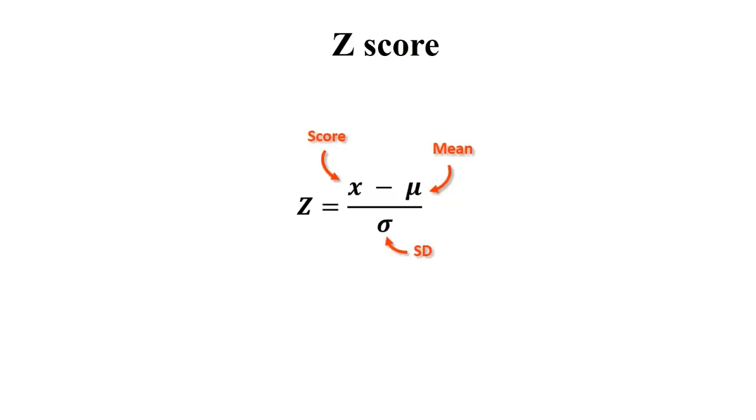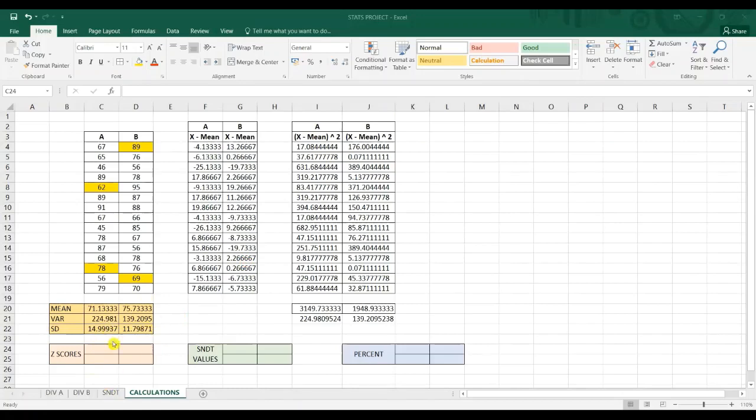So this is the formula for calculating the z-score, that is x minus mean divided by standard deviation. Now we have calculated all these values on our Excel sheet. So let us just apply the formula and do the math. So we have already made columns where we are going to input our z-scores. So simply select the first column where we are going to input the 2 z-scores of division A. In the first column, we are going to calculate the z-score of the student above the mean.